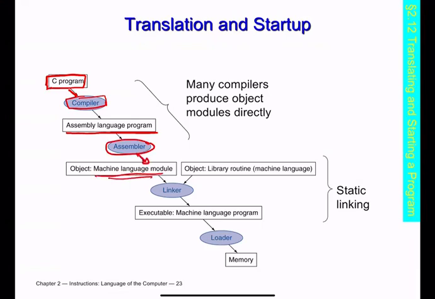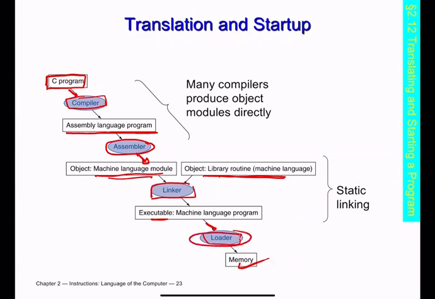With the creation of the machine language, you also have some library routines, which you can use with your machine language module and link both together using a linker. After the linker, you basically get a working, executable machine language program. And after having a machine language program, you can load it into your memory.